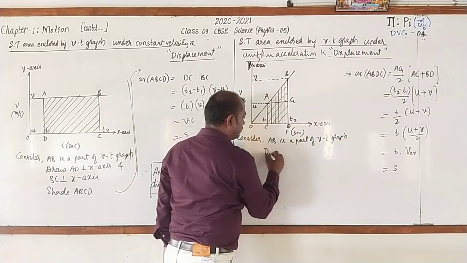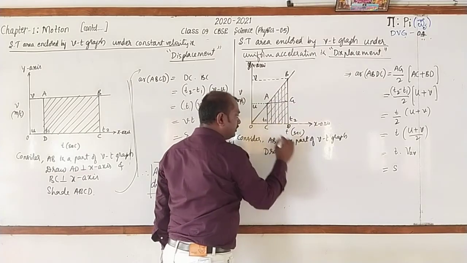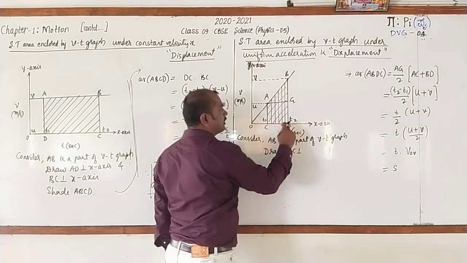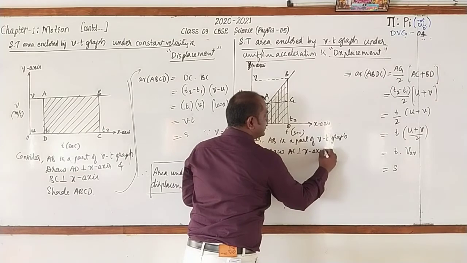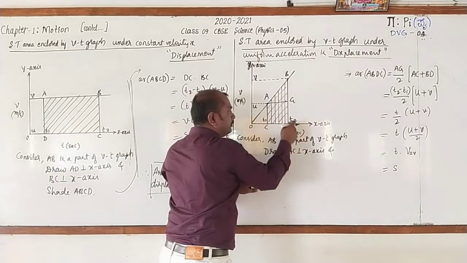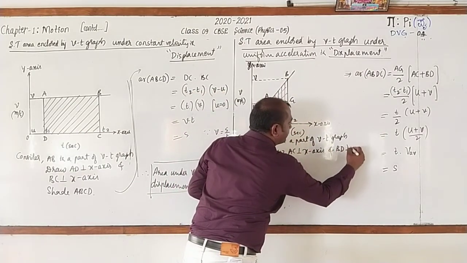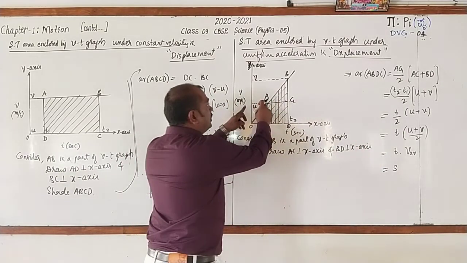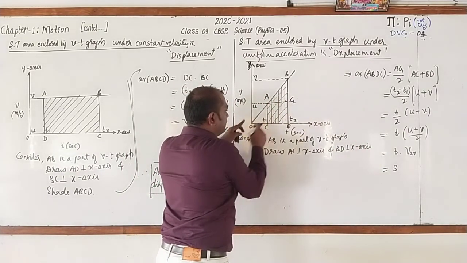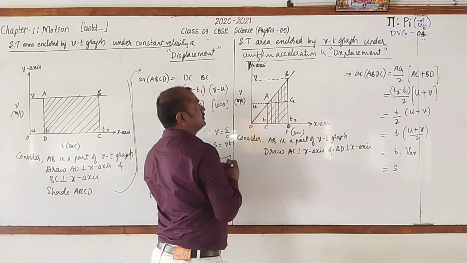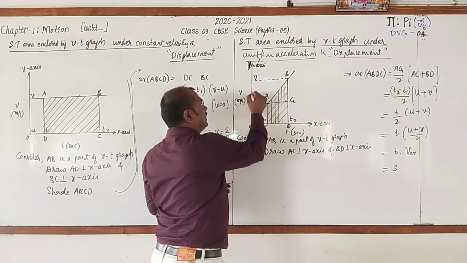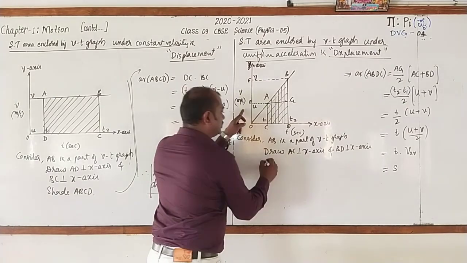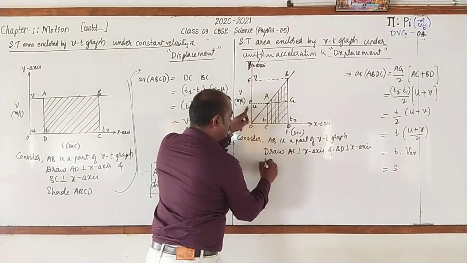Then draw. What do we have to draw? Draw AC perpendicular to the x-axis and another one, BD, perpendicular to the x-axis. Next, draw a line parallel to the x-axis. You may call it E and this F. For writing it will be helpful.